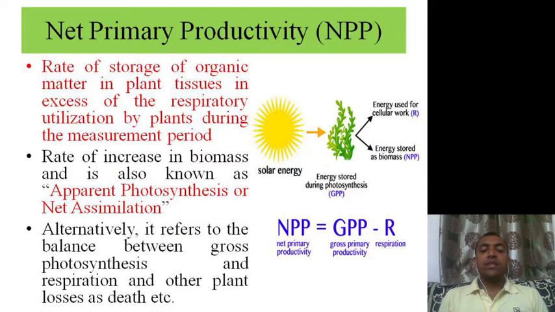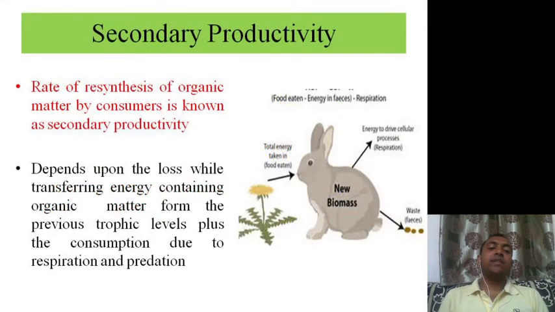Next we will see what is secondary productivity. It is the rate of resynthesis of organic matter by consumers. In the diagram towards your right, a rabbit is feeding on the green plant. So total energy taken in is the food eaten. As it takes up food, it gets digested and a part of it is lost as feces or waste.